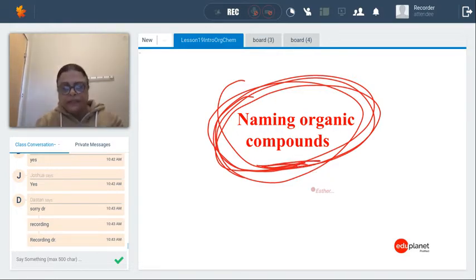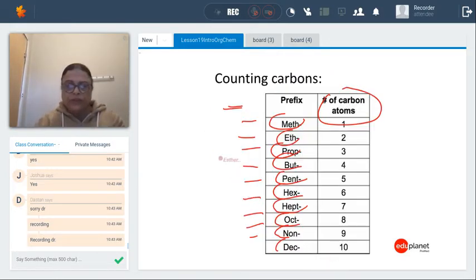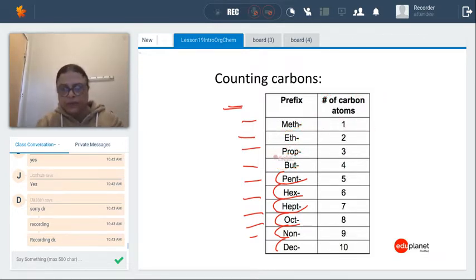Naming organic compounds. First, we need to be able to count carbons. How do we count? 1 is met, 2 is et, 3 is prop, 4 is but, 5 is pent, hex, hept, oct, non, dec.